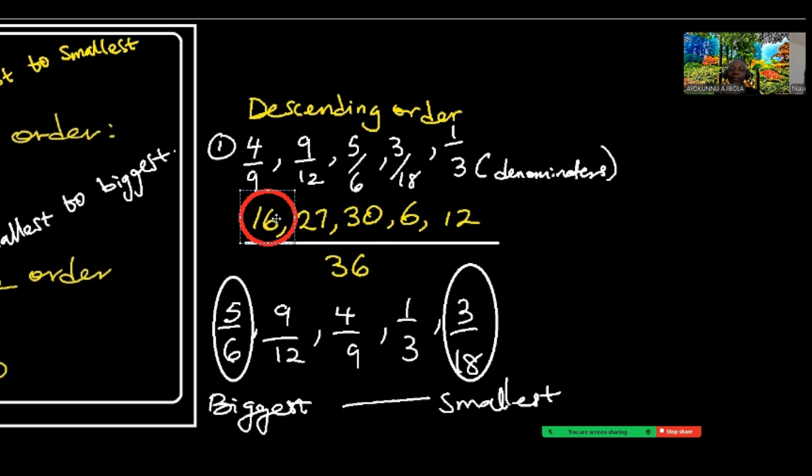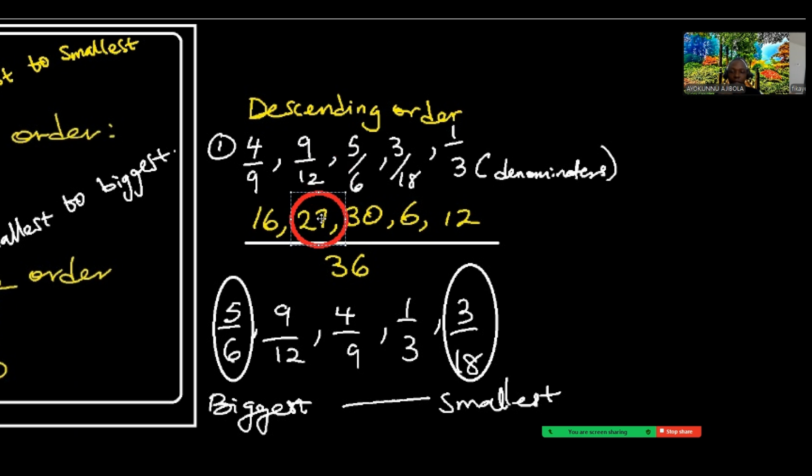We got 16 from the 9 because inside of 36 there are four 9s. Then the 4 times 4, and then we got 16.